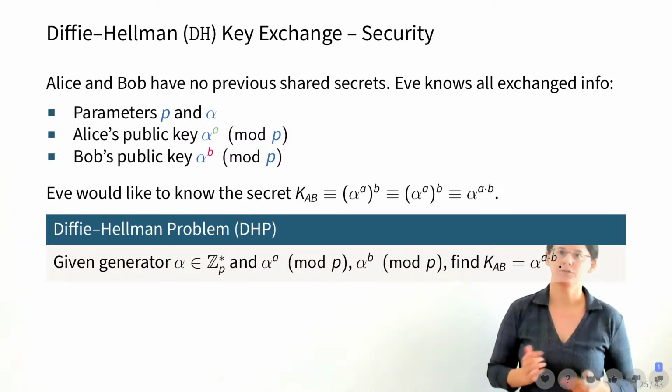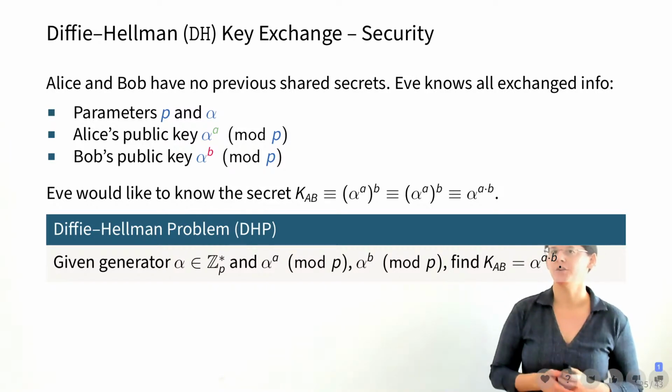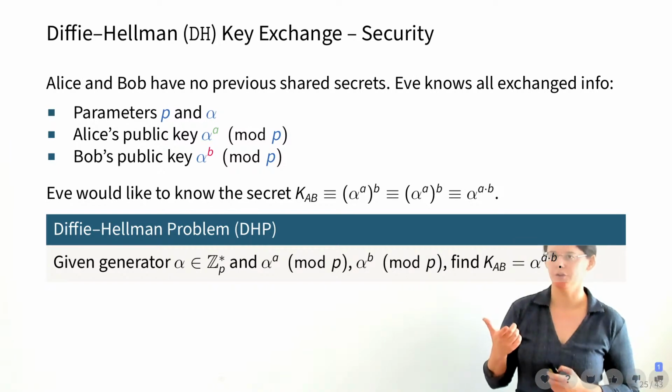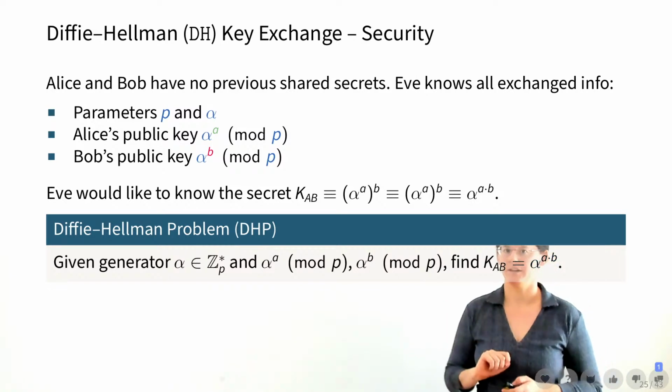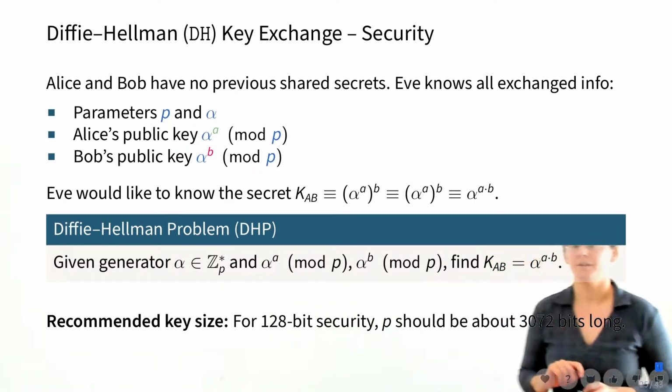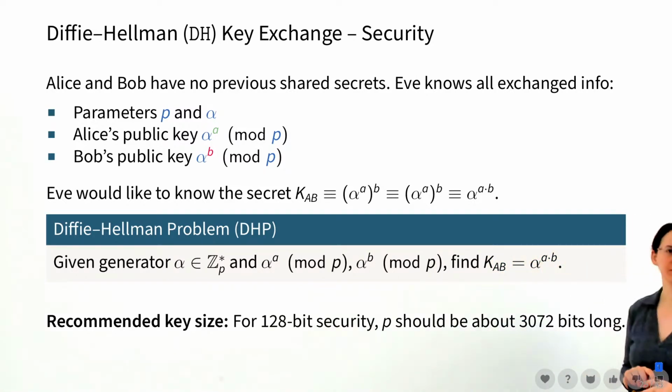And this is why we need to choose a key size here that is a lot larger than the security bit level. So in symmetric crypto, if we want 128-bit security, we would choose a 128-bit key. Here, we need a much bigger key. And in particular, for 128-bit security, the recommended bit size for the prime number is over 3,000 bits.